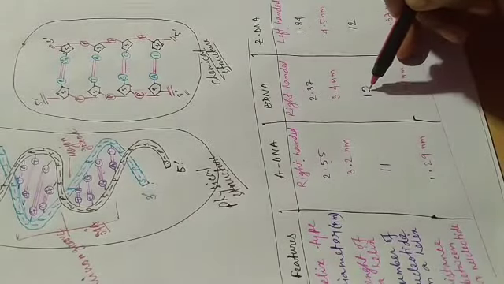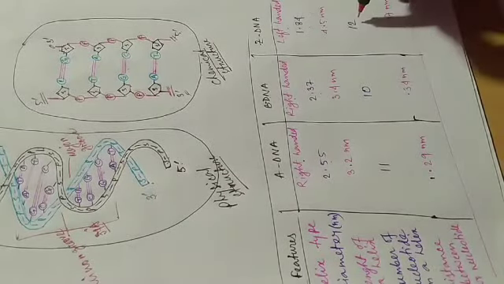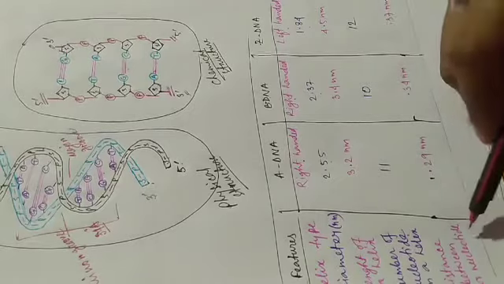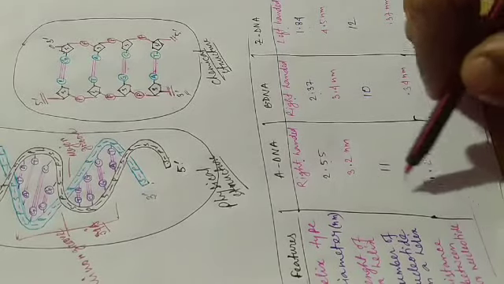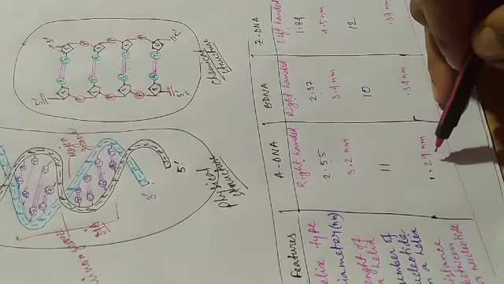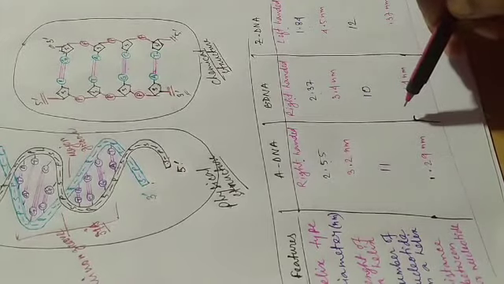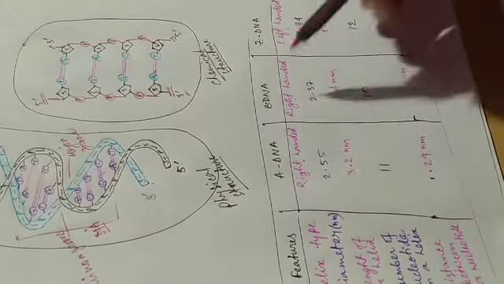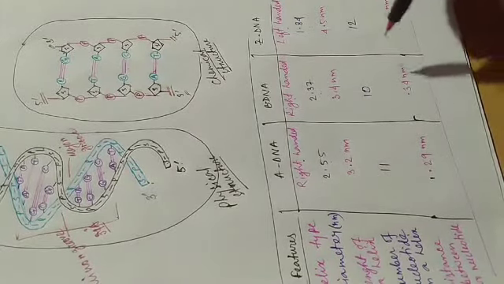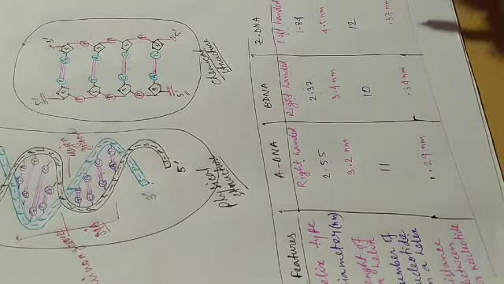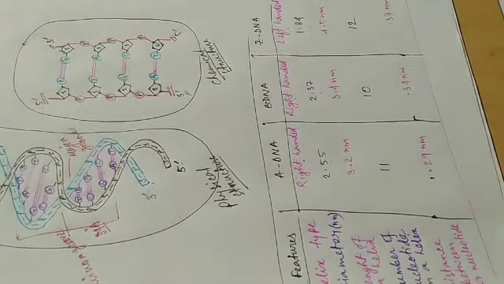In B-DNA, it is 10, and in Z-DNA, it is 12. The distance between two nucleotides in A-DNA is 0.29 nanometer. In B-DNA, it is 0.34 nanometer, and in Z-DNA, it is 0.37 nanometer. So these are the differences between different types of DNA.